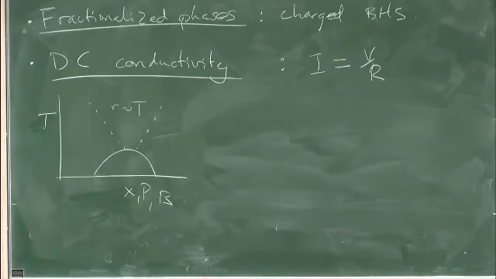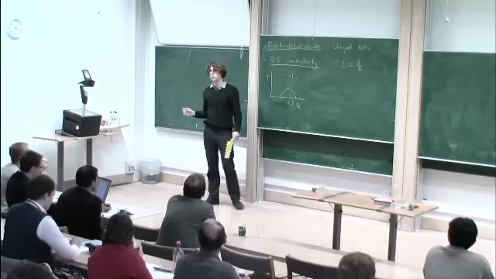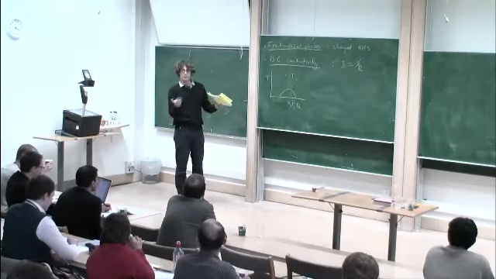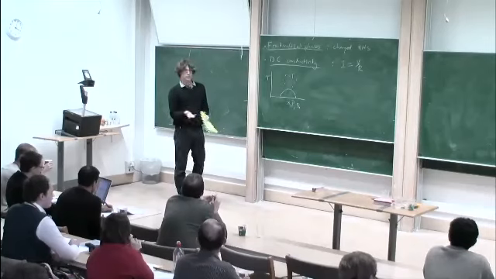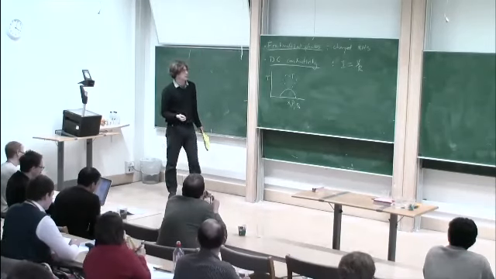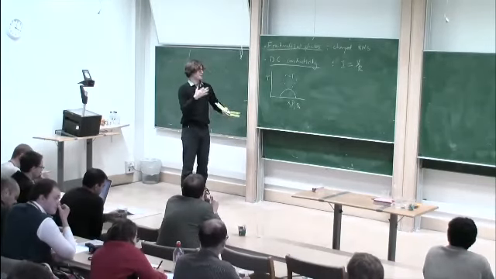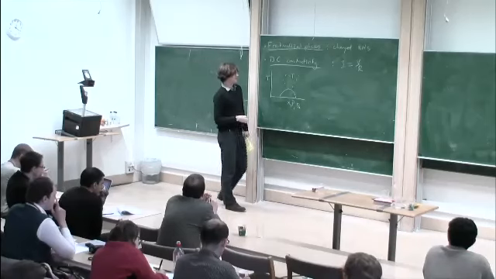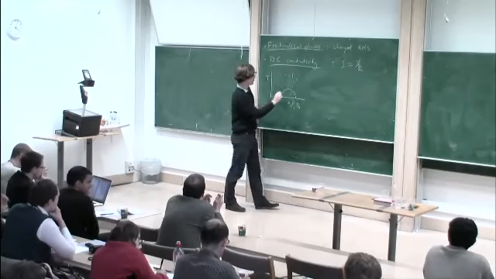And this linear in temperature goes over essentially from zero temperature all the way up to when the material melts. It's observed in chemically completely distinct families of compounds. So it's a very robust, very simple behavior, but it is not the textbook behavior of what a metal should do.